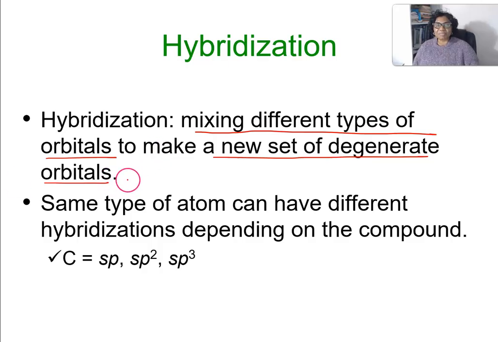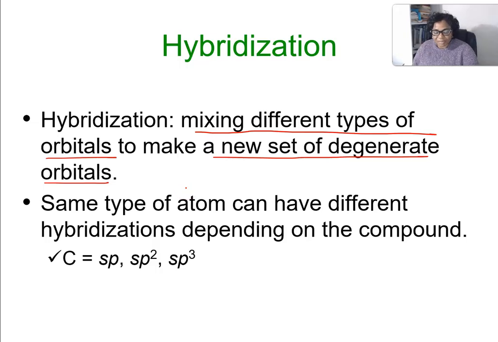Please, we are mixing the orbitals. The same type of atom can have different hybridizations depending on the compound. So the same type of atom can mix s and p, can mix s and 2p, can mix s and 3p orbitals and form compounds.